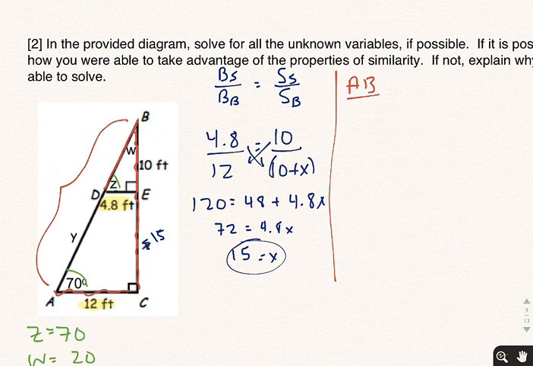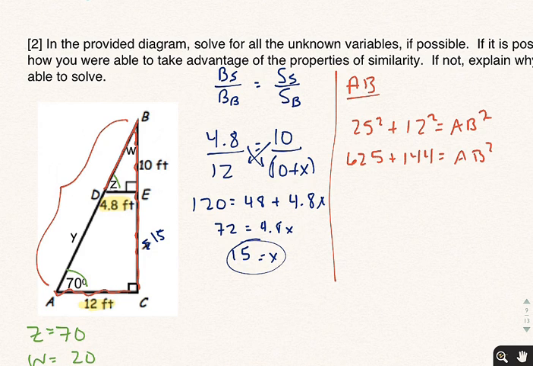So AB is the full length, the full left-hand side of the triangle, and we'll find it using Pythagorean theorem. We have 25 squared on the right, 12 squared on the bottom, should be equal to AB squared. Okay, so again, I'm going to use my calculator off screen here. So that's 625 plus 144 is equal to AB squared.